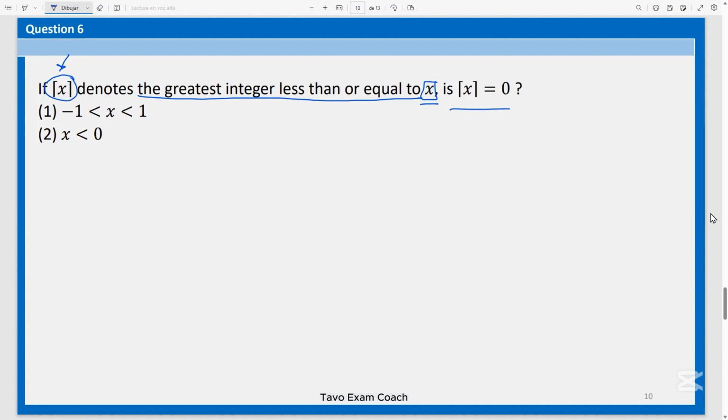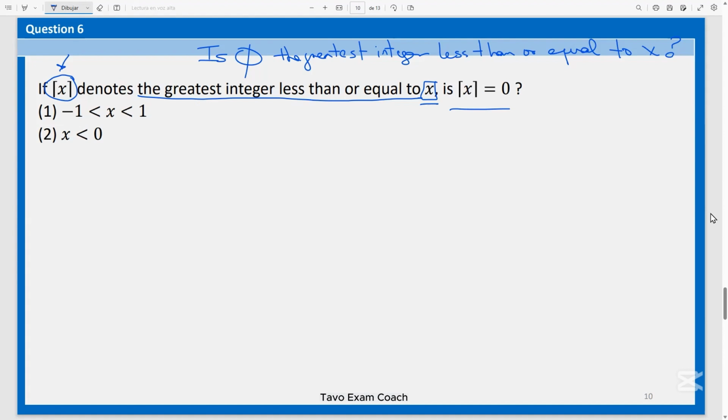Since the square bracket means the greatest integer less than or equal to x, this question might be reinterpreted like this. Is 0 the greatest integer less than or equal to x? This question actually requires a yes or a no for an answer. How do we know if 0 is the greatest integer less than or equal to x?